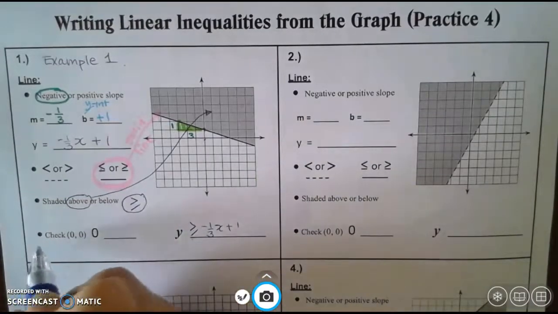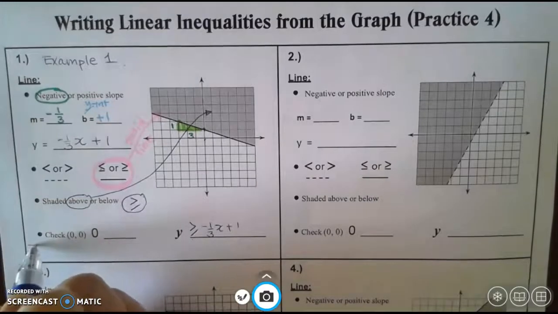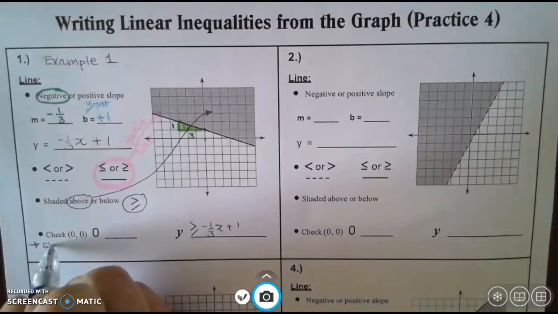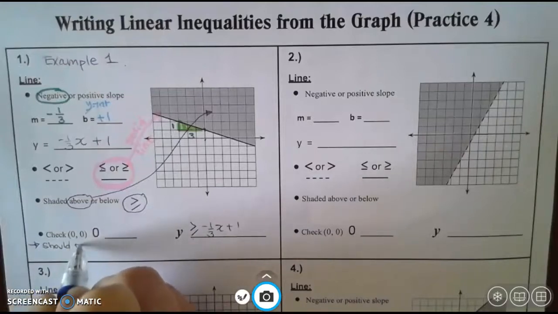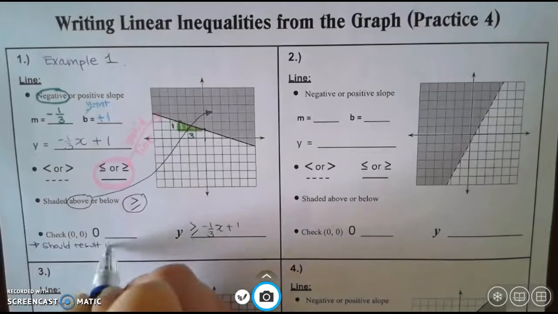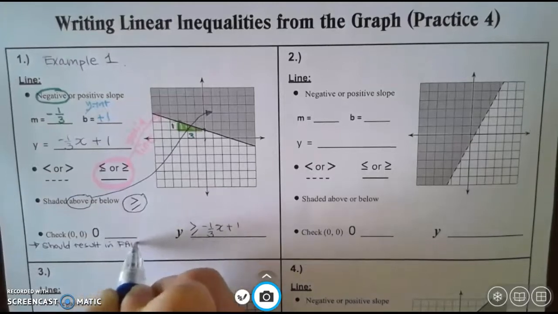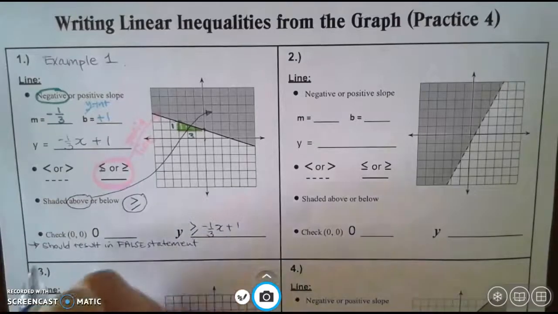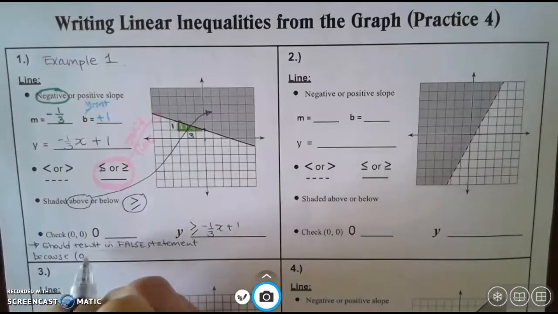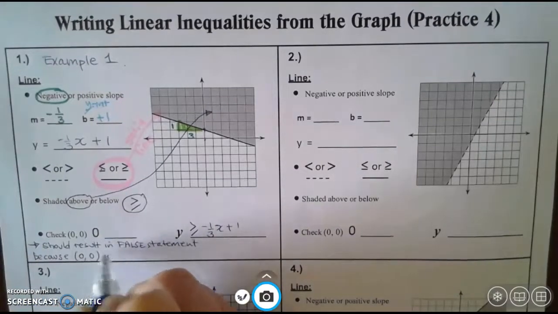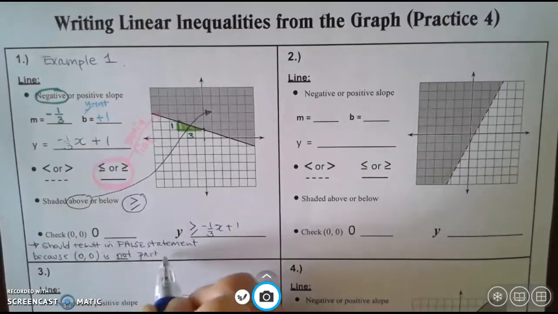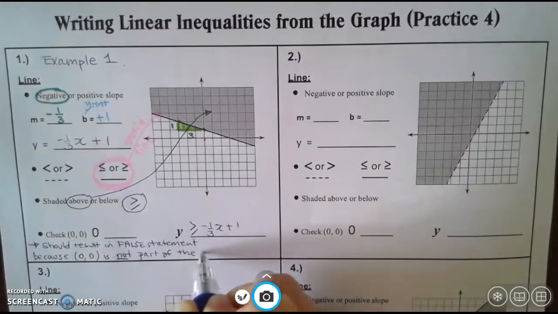That means when I substitute that in, it should result in a false statement, because (0, 0), that's the origin, is not part of the shaded region.